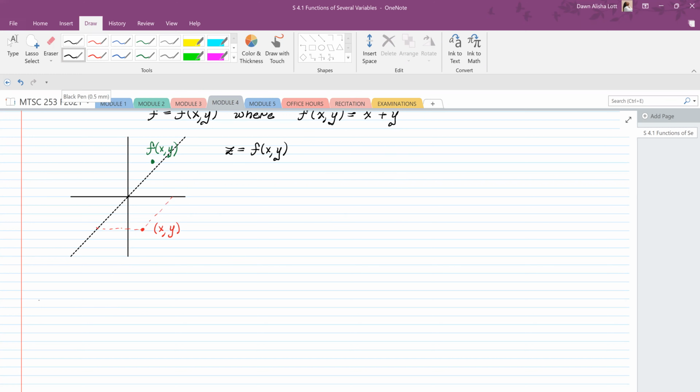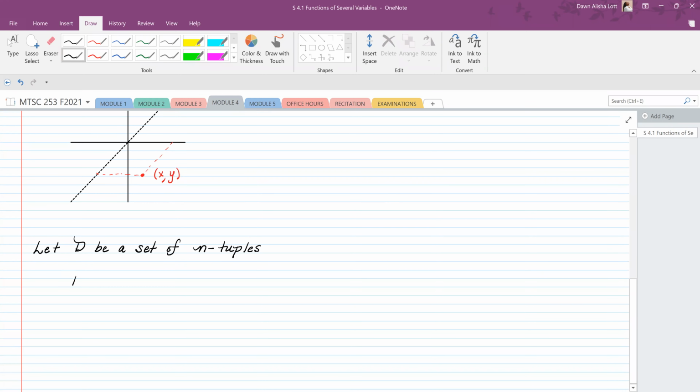So I'm going to let D be a set of what we call n tuples. So D is the set of all things that look like x1, x2, all the way up to xn.